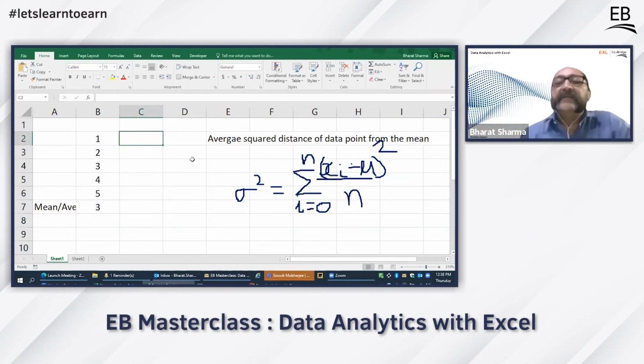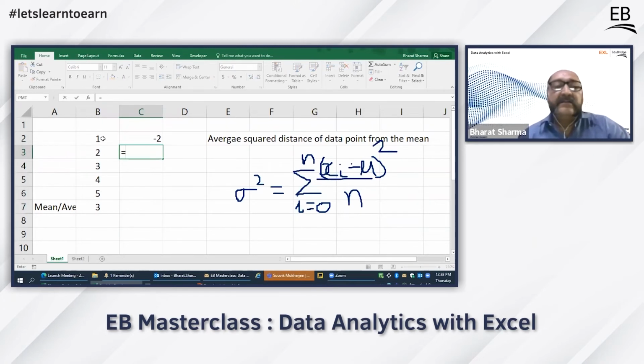Let's unfold this formula. n is the number of data points. Here in this example, I have got 5 data points. So these iterations will go from i=1 till i=5. So when it comes to X1, this is this data point, then X2, X3, X4, and X5. And mu is nothing but the mean. So xi minus mu, where mu is 3. If I say 1 minus 3, I will get minus 2.